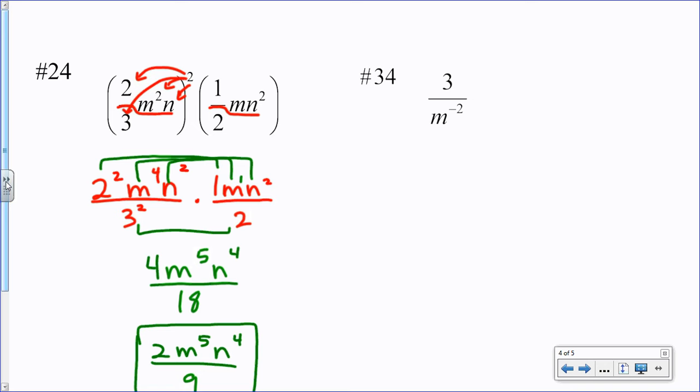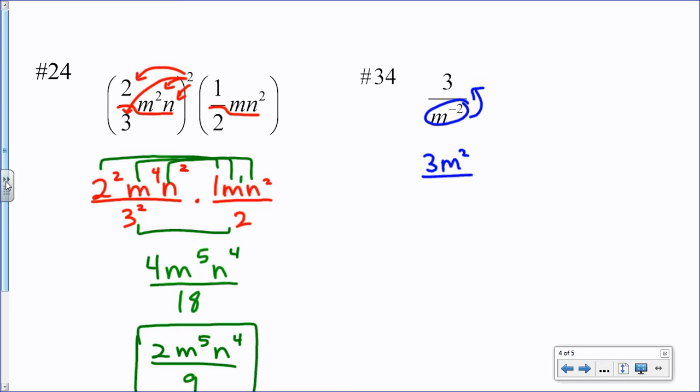Okay, I don't have any parentheses. I don't have any common bases. Do I have any negative exponents? Yes, which one has a negative exponent? The m. So this moves. What do I do with my 3? Keep it. Leave it there. So 3m, this becomes positive 2.